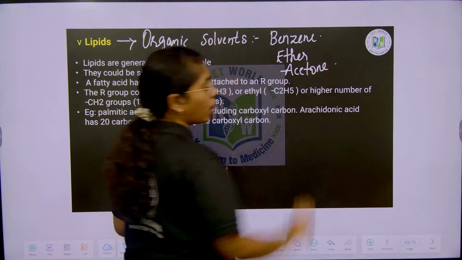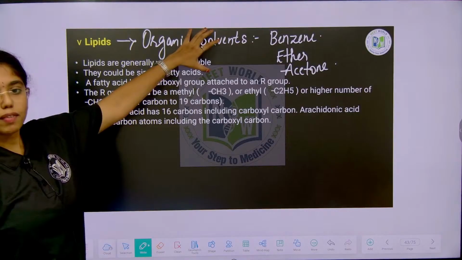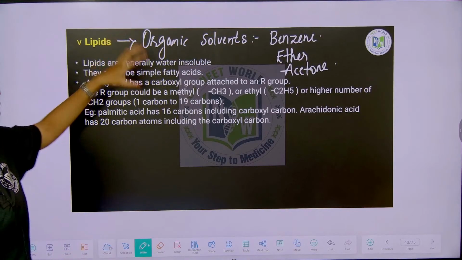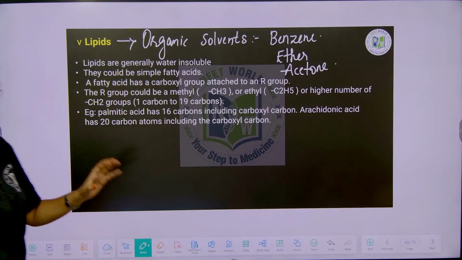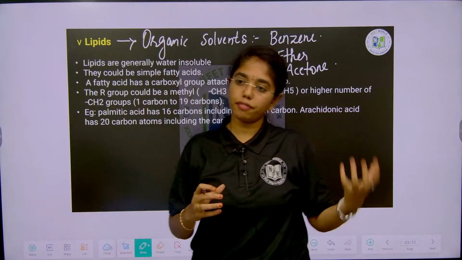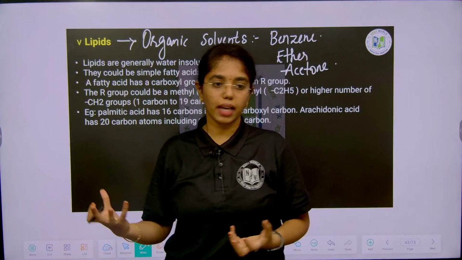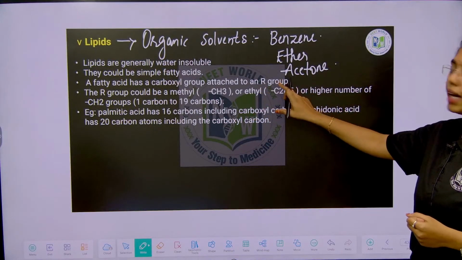All these are organic solvents, right? So these are the organic solvents in which lipids are soluble, and they could be simple fatty acids or they can be glycerol. Lipids can just have glycerol or they can have fatty acids, and a fatty acid will have what? A carboxyl group and an R group.